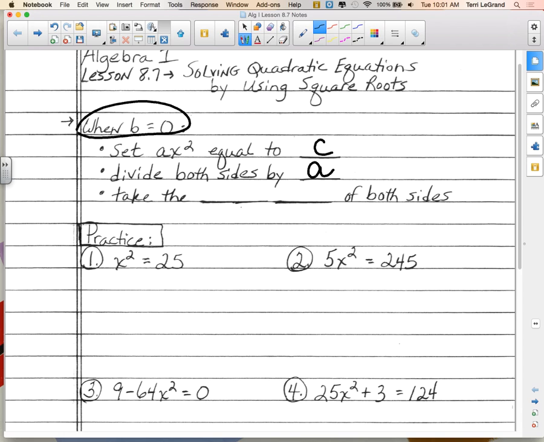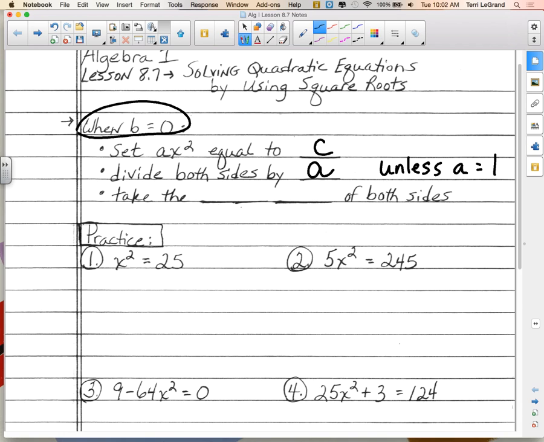unless a equals 1. If it equals 1, there's no reason to divide by a because dividing by 1 does not change anything. So we get to skip that step if a is equal to 1. And we also get to skip the first step, set ax squared equal to c, if it's already set equal to c.